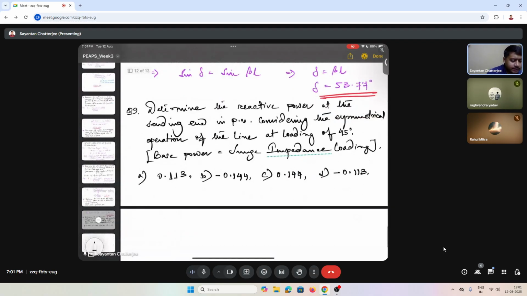So determine the reactive power at the sending end in per unit, considering the symmetrical operation of the line at loading of 45 degrees. So base power is equal to SIL.